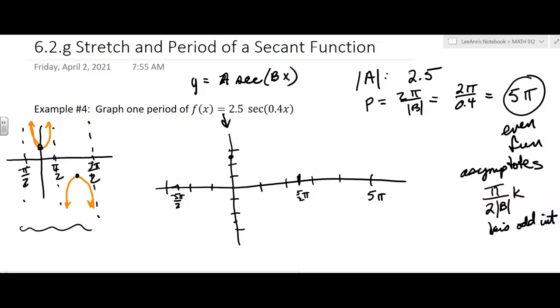Okay. So we know what b is, right? B was 0.4. Okay. So you get pi over, let's see, make sure I'm doing this right, 0.8.